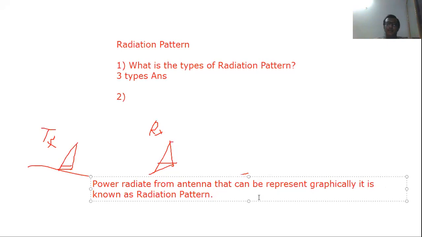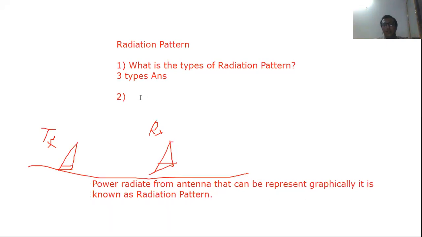It is known as radiation pattern. Now, what are the types of radiation pattern? Three types of radiation pattern. See this is the radiation pattern definition. It is also asked in terms of MCQ. What is the meaning of radiation pattern? See this type of MCQ can be asked.